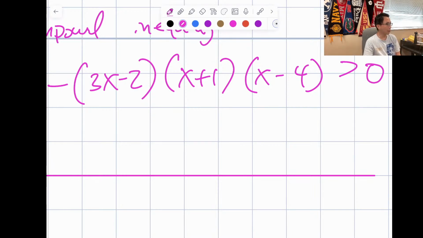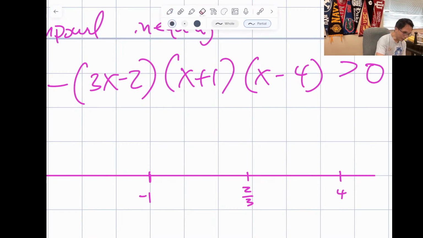So with this kind of question, you need to do a number line test. At here, we need to find out where the points are. The points are going to be at -1, at 2/3, and at 4.